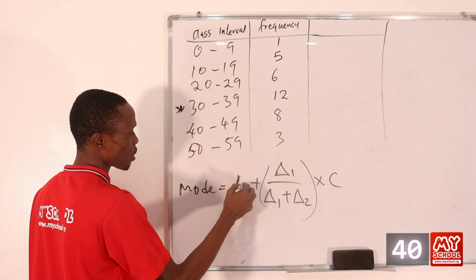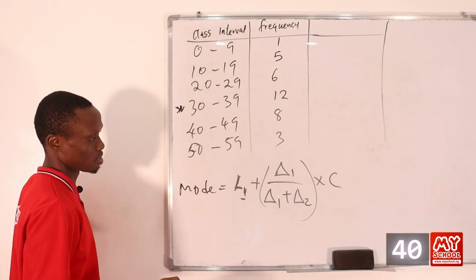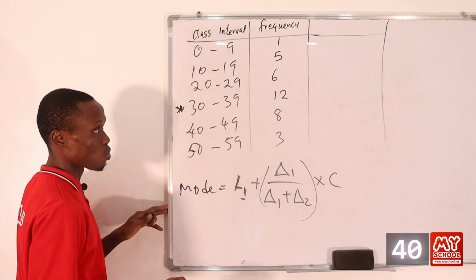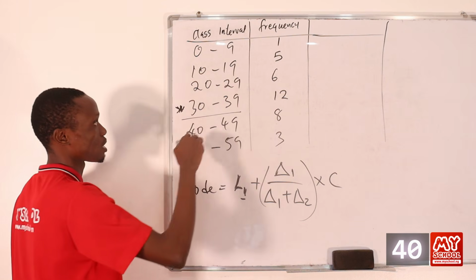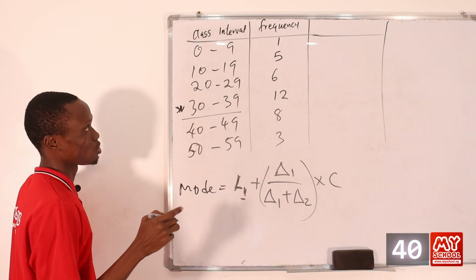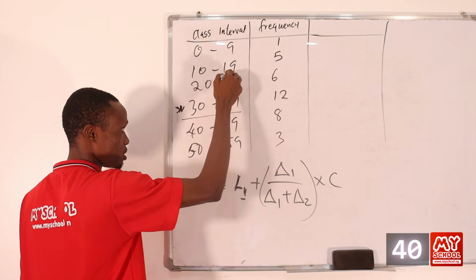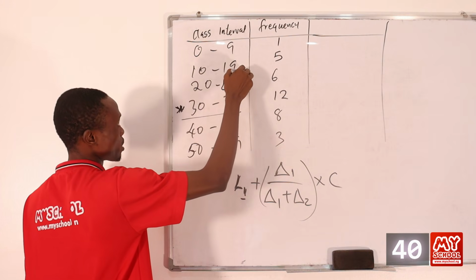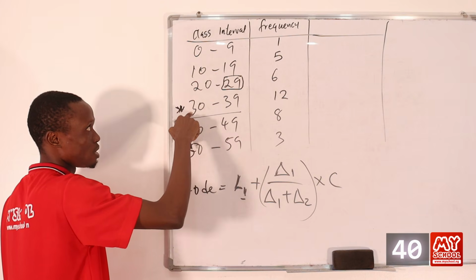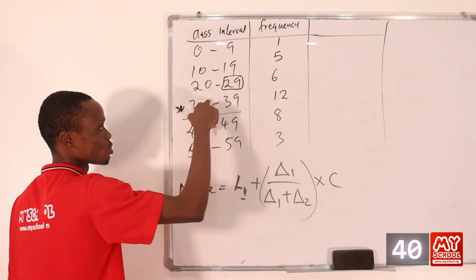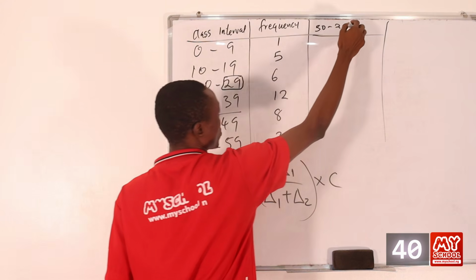So L1 here represents the lower class boundary of the modal class. So let's get the lower class boundary of the modal class. To get it, what you simply do is take the upper class limit of the class before it, and subtract it from the lower class limit of the next class interval. So this will be 30 minus 29, which is equal to 1.